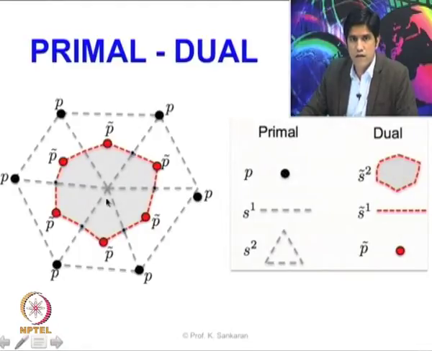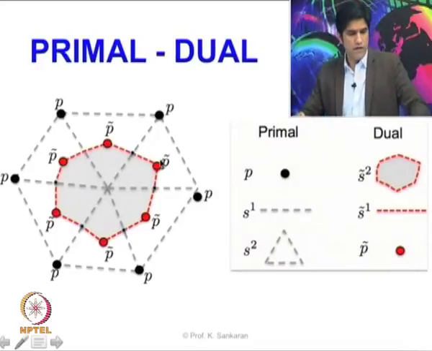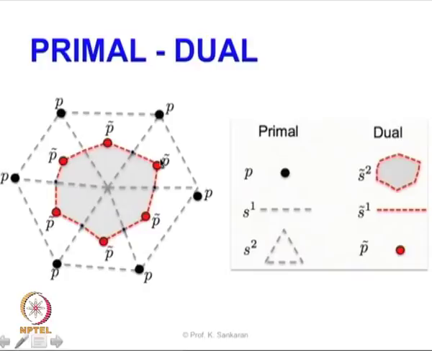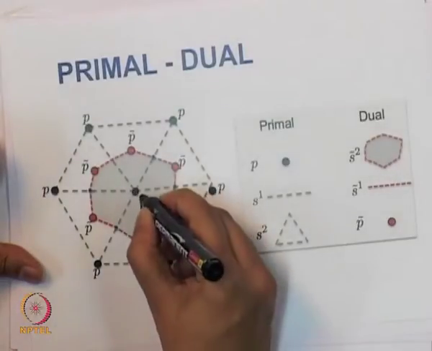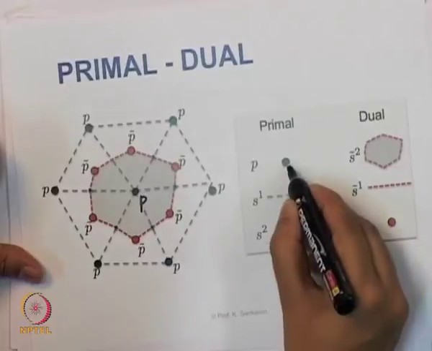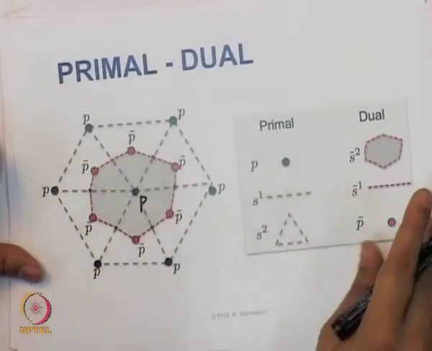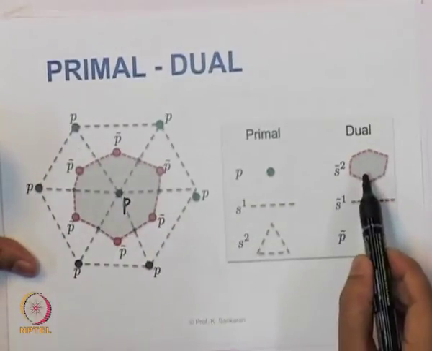If you consider this central node as a point, the dual of that point will be the entire thing. In other words, we now have simplexes that will be more formally called dual and primal simplexes. Let me make this more clear. This is also a point, so you have a point P, and the dual of this point is this surface.